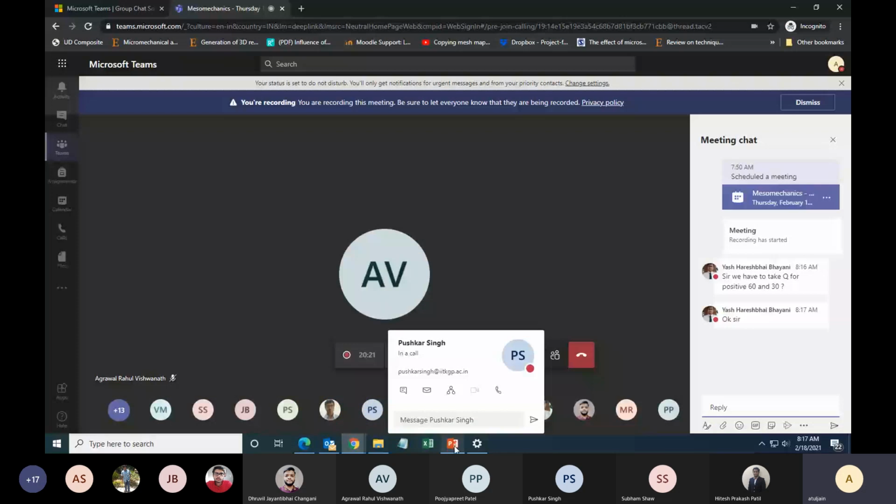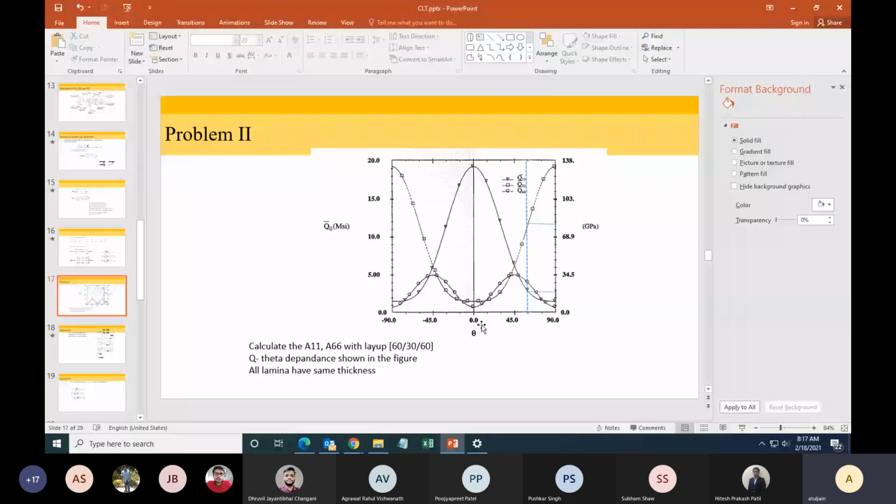So I think my previous number was wrong. That was not Newton meter. The answer was in terms of MSI meter. MSI into meter. No, sorry, that was in the wrong units. Let's look in GPa.